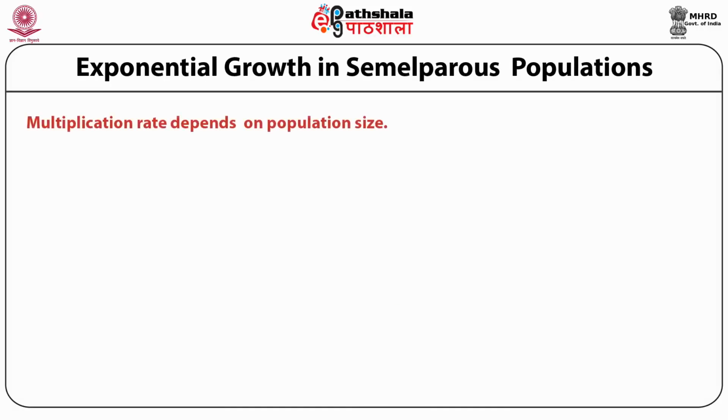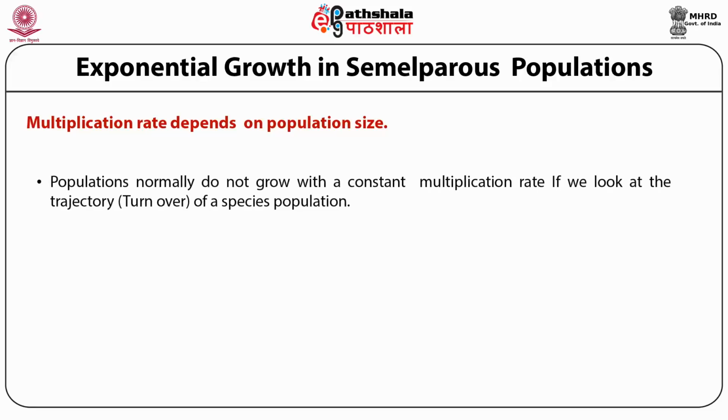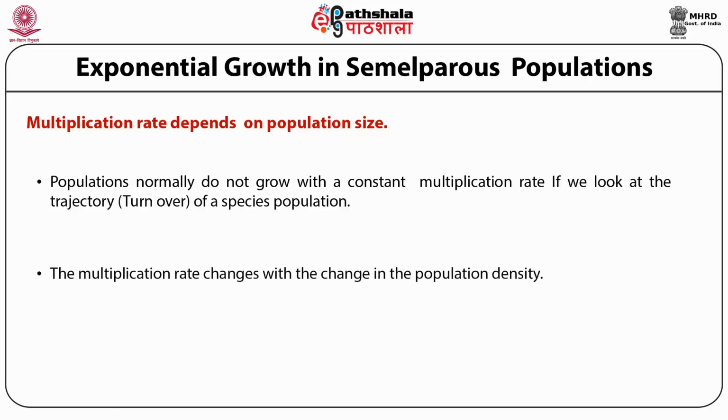The second way of multiplication or growth depends upon the population size or the density. Populations normally do not grow with a constant multiplication rate. If we look at the trajectories or the turnover of a species population, the multiplication changes with the change in the population size.